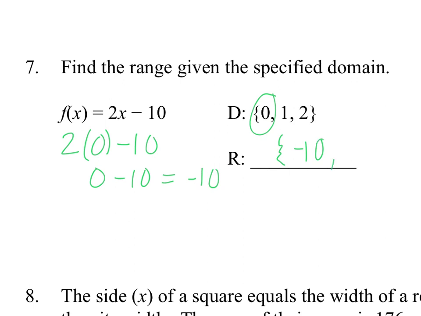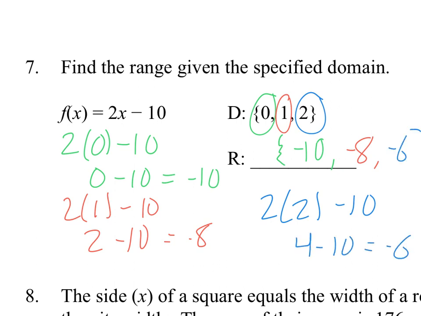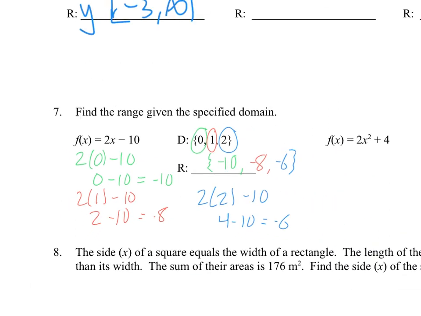Pretty simple, right? Next I'm going to do the 1. So 2 times 1 minus 10. That's 2 minus 10. That's negative 8. So my next corresponding one is negative 8. And then I'm going to plug in 2. 2 times 2 minus 10 is going to be 4 minus 10, which is negative 6. Negative 6.